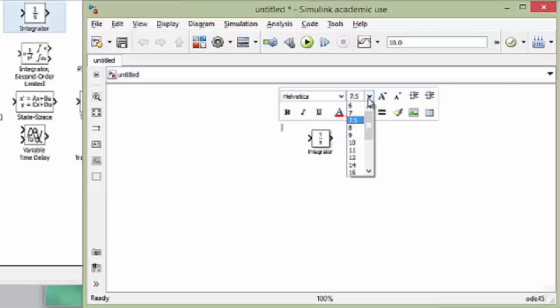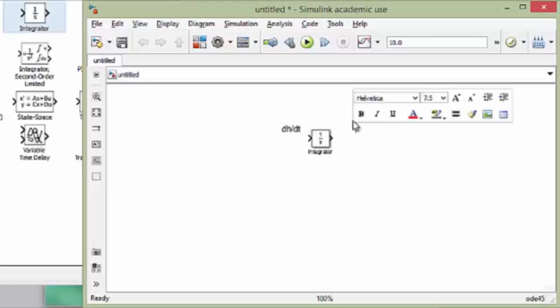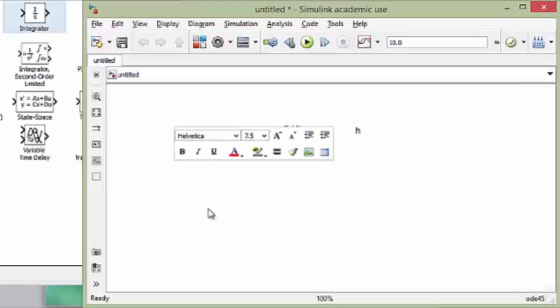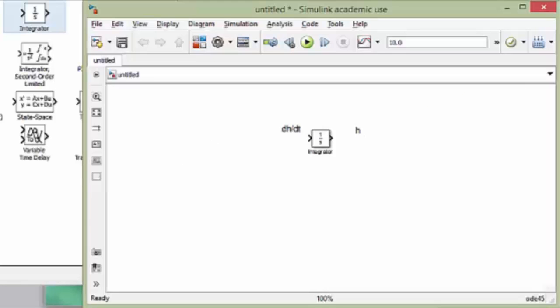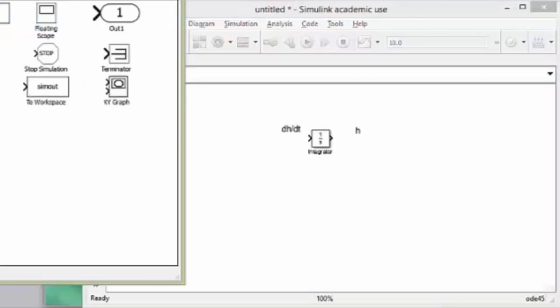So first starting with the integrator, and the input for the integrator is the dh by dt, and the output will be h in this case. So it's a good practice to start ODE simulations from the integrator. So the integrator is ready.